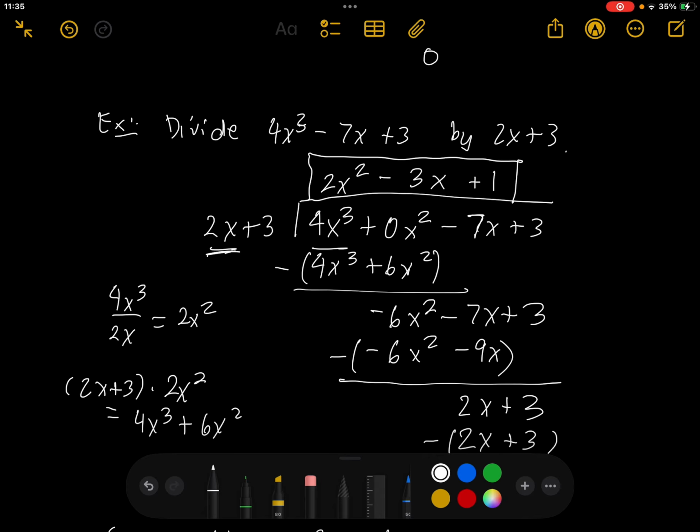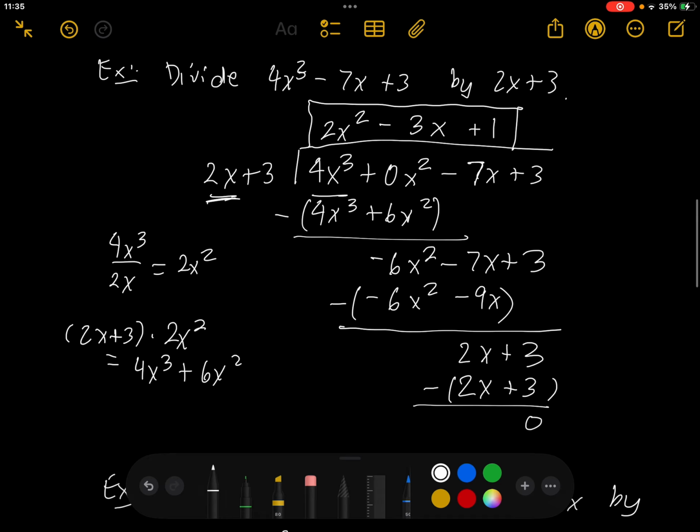Here we did an example of a cubic polynomial divided by a linear polynomial, and we noticed that when you have a 0 as a coefficient, like the coefficient of x squared in this example, you want to make sure that you put in a 0x squared.